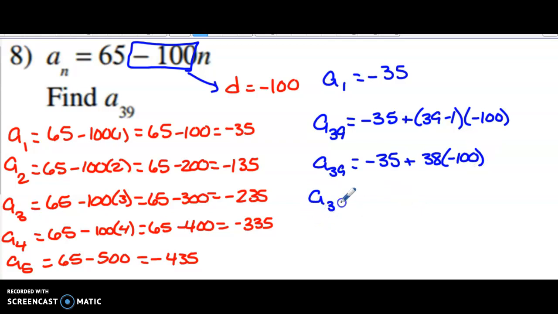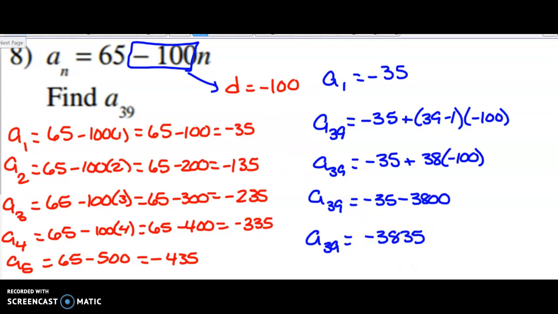A sub 39 is equal to negative 35 minus 3,800. Both of them are negative, so we add them, so negative 3,835. So that's my a sub 39 number.